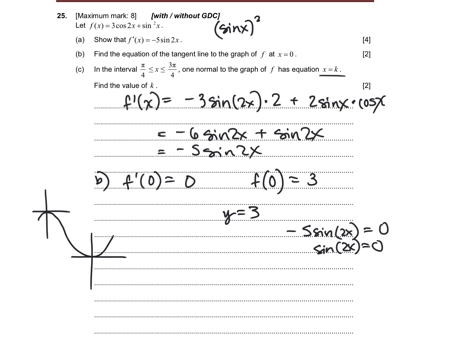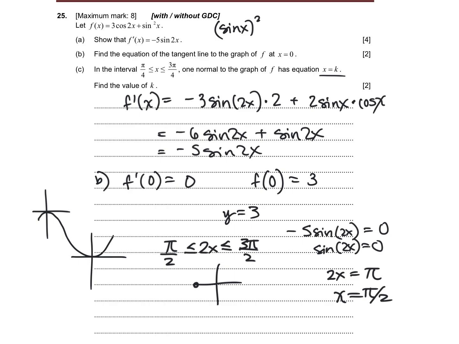So if we multiply by 2, we're going to have pi over 2 and 3 pi over 2. So when is sine 0 between those two? It's here at pi. So we're going to have 2x equals pi. So x is pi over 2.